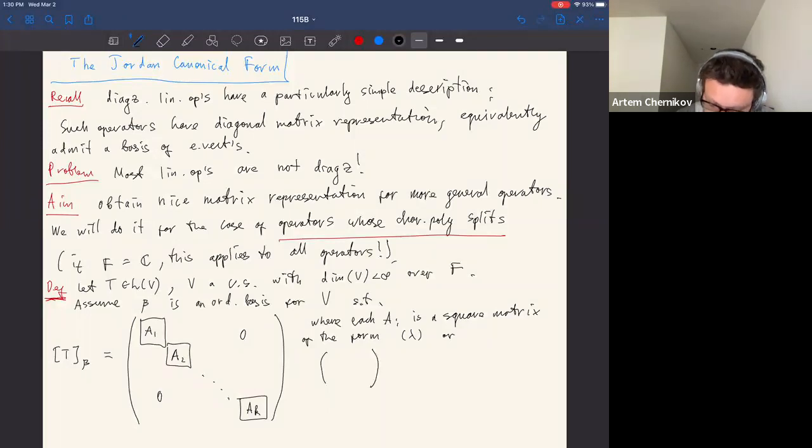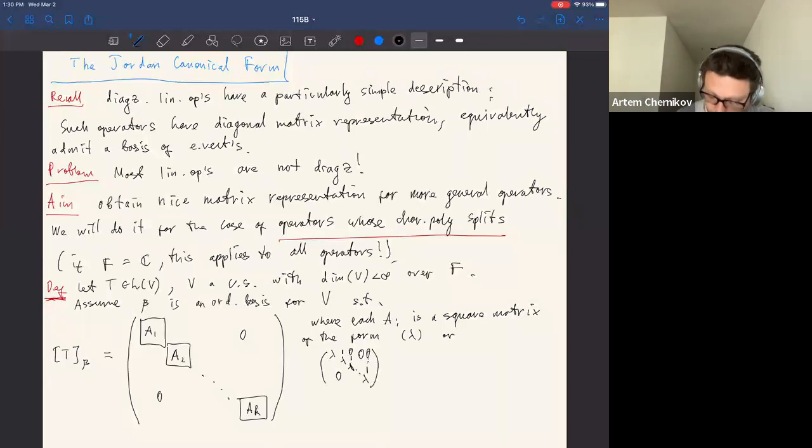It looks like a diagonal matrix. We have lambda, lambda, etc., lambda on the diagonal. We have zeros below the diagonal, but it is a little bit non-diagonal because we also have a single one above each lambda on the diagonal, and we have zeros everywhere else.